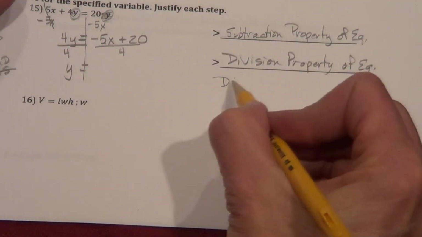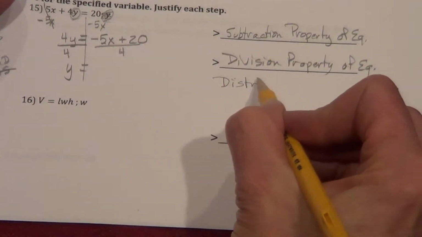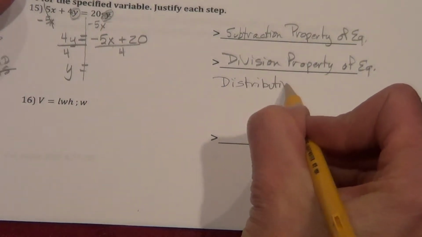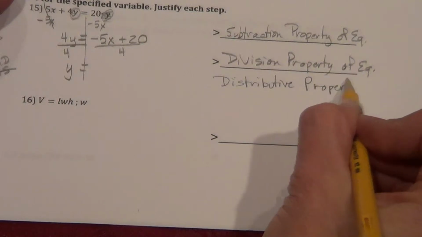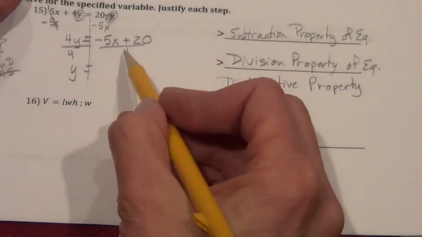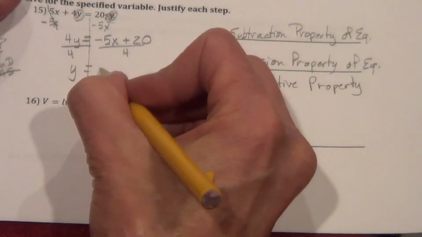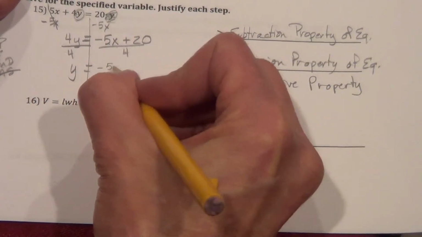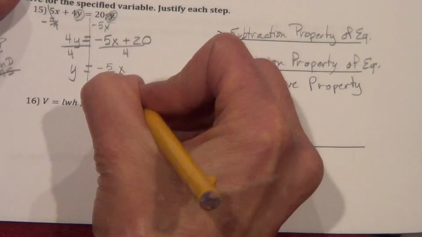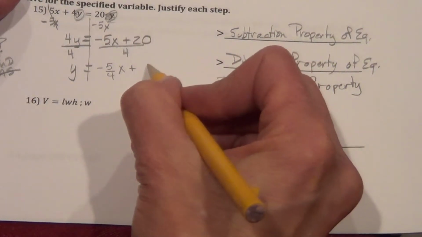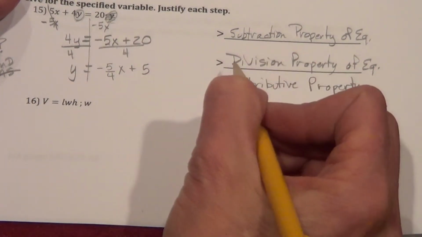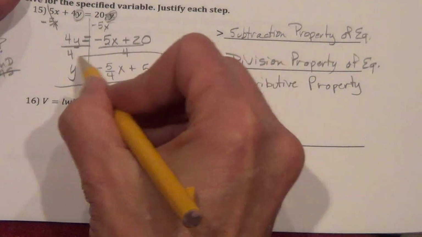That is the distributive property. And the reason we need to do that is because one of these we can see reduces. So we get negative 5/4 x plus 4 does go into 20 5 times. So that's our final answer.